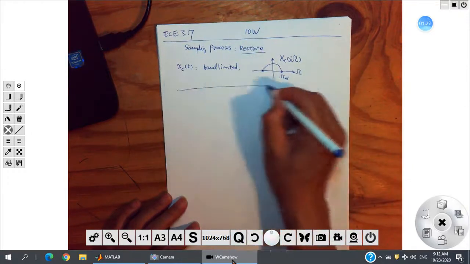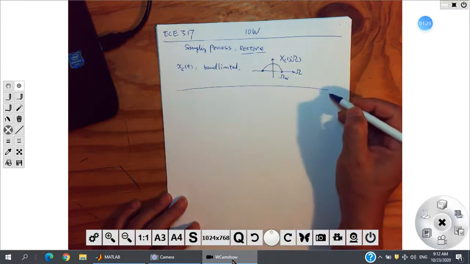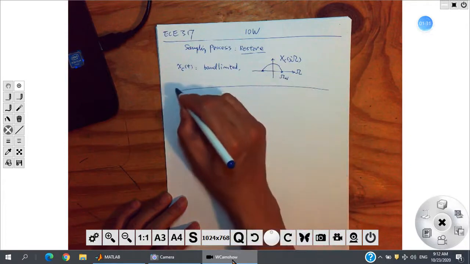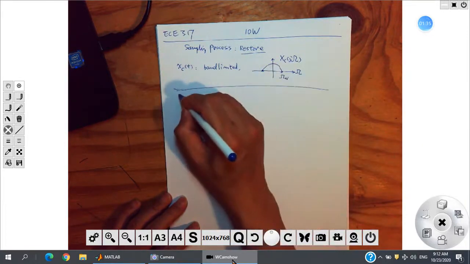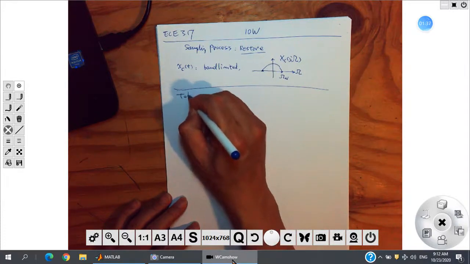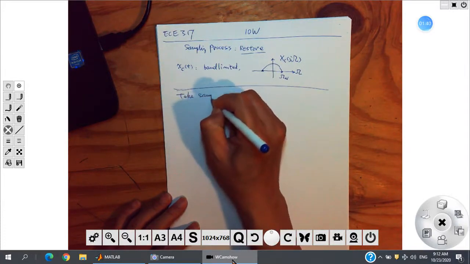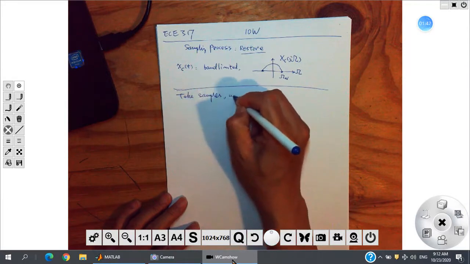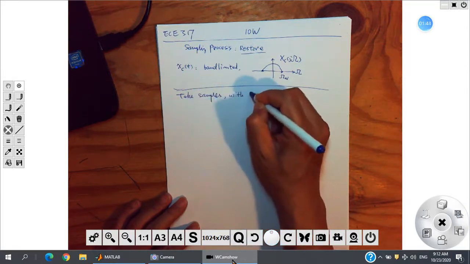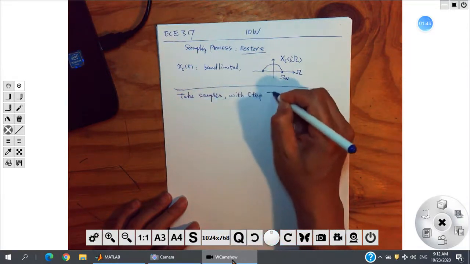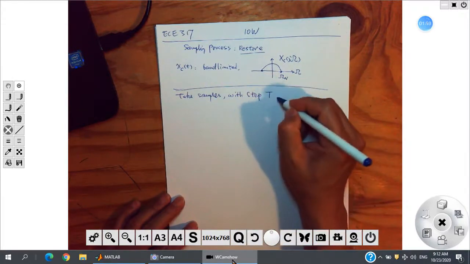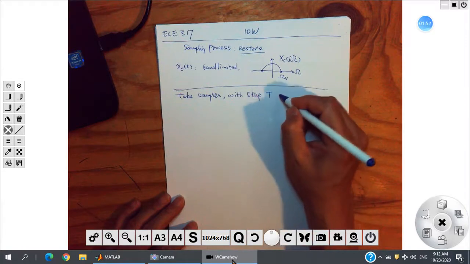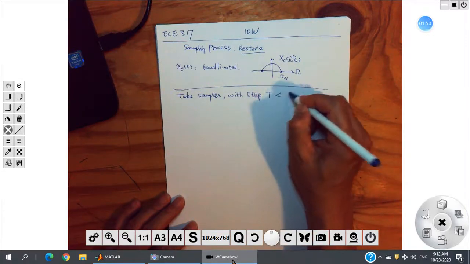Then we take samples. If you want to restore, you need to keep all the information. So you take samples with a step T. Every T you pick a sample from x_c of t, and this T you will choose smaller than pi over omega_N.